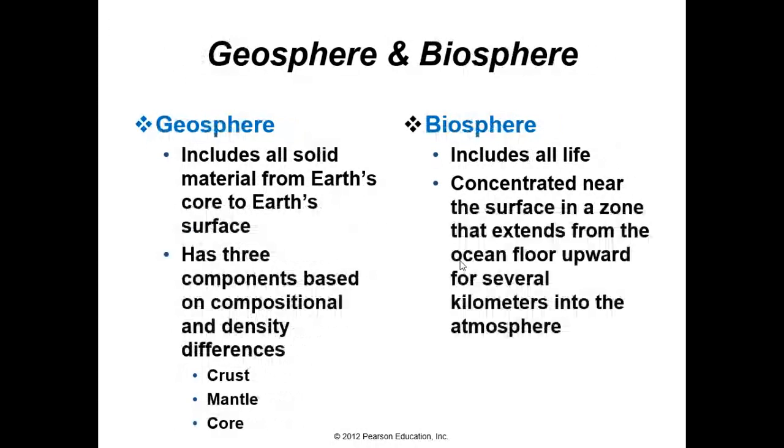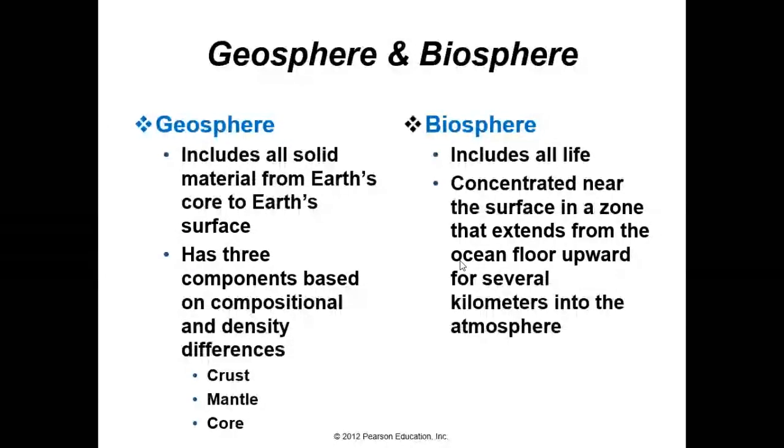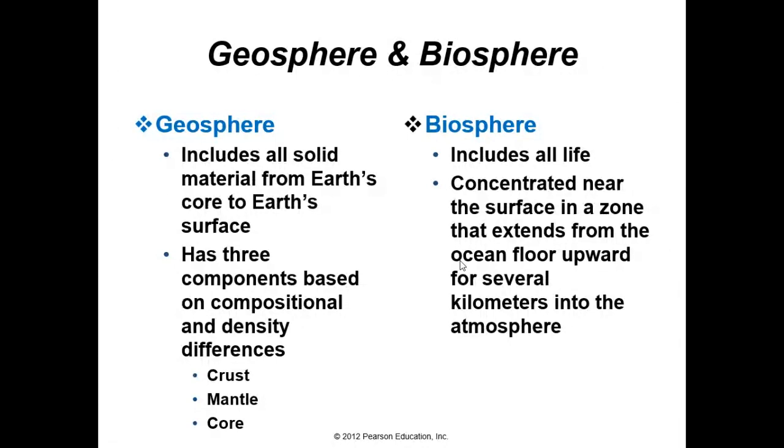The geosphere includes all solid materials on Earth, both on Earth's surface and within Earth itself. We're going to talk about this in greater detail within the coming weeks, but there are three basic zones in Earth. The crust is the outer part that we live on.